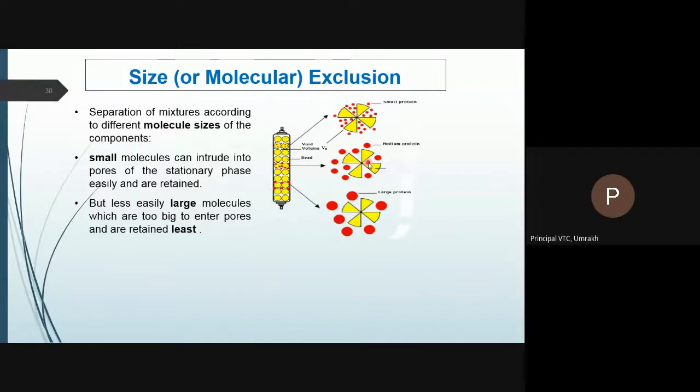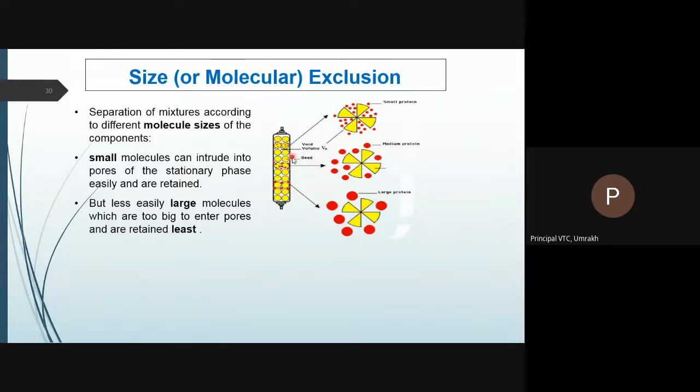If it is a medium one, it may not penetrate into the pores of your particles, but it may pass through the space between the different particles packed in the column. But if it is a very large particle, it will not even pass in between the particles.